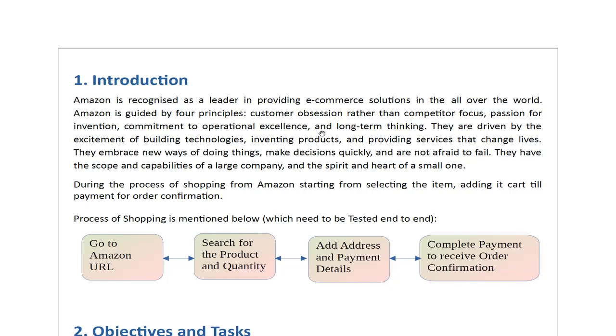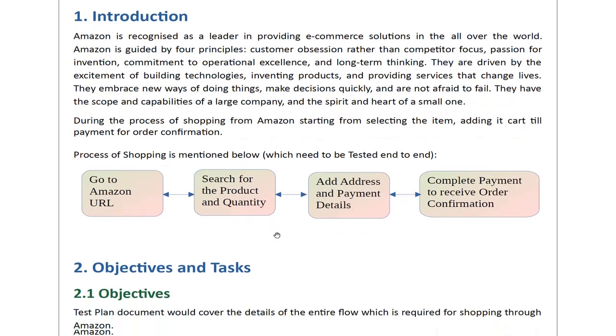And you can write the process of shopping, that is, when you shop for any product in Amazon, what the steps are. So go to the URL, search the product, add address and payment details, and complete payment to receive order confirmation. That way you can write your introduction.